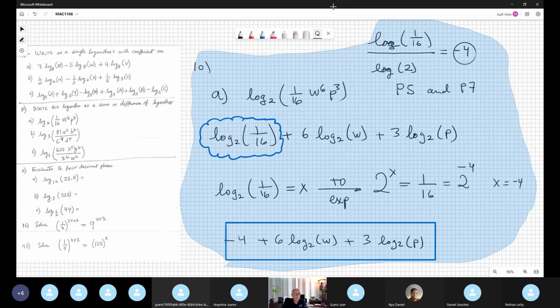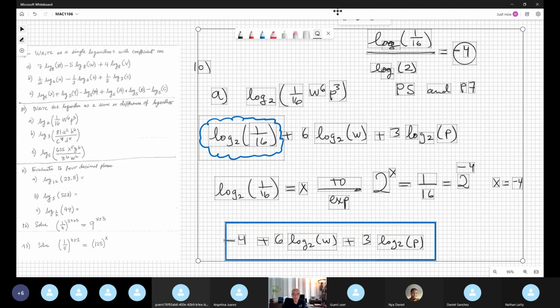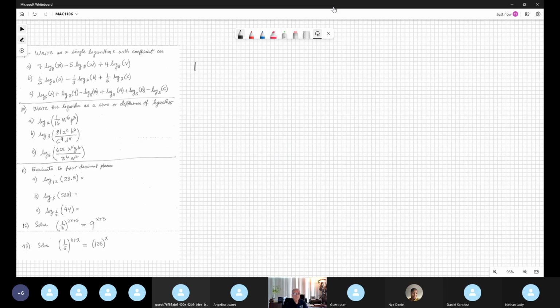We continue with number 10 because 10 contains 3 parts. What should be similar is logarithm base 3 of 81 a squared b to the 6th over c to the 4th d to the 5th, fifth power.